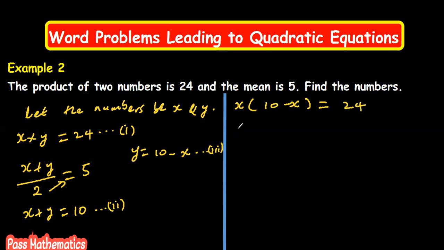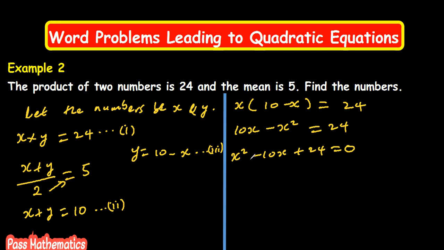So let's open the bracket here. We have 10x, we have minus x squared, and then we have 24. And when we rearrange this equation again, let's see, this is going to be x squared minus 10x plus 24 equal to 0. So you're having a proper quadratic equation, and then you can factorize.